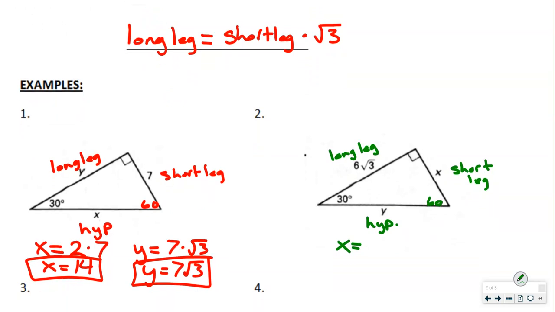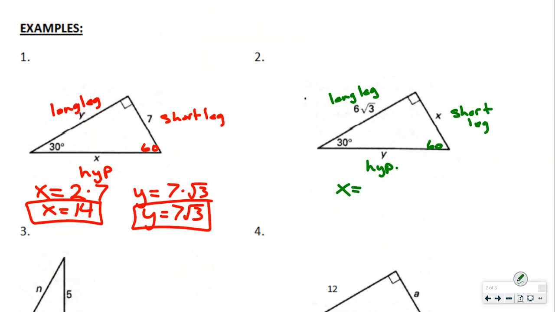If I plugged it into my formula, it would be 6 square root 3 equals x times the square root of 3. And if we needed to get x by itself, then I need to divide both sides by the square root of 3.